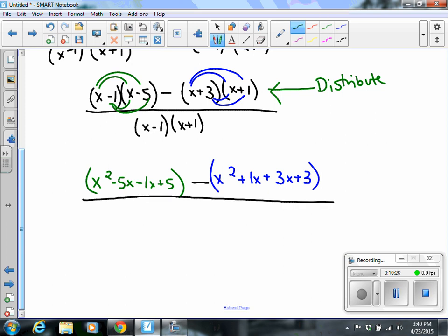And that's all over (x minus 1)(x plus 1). Okay, so now at this step, you're going to combine like terms.